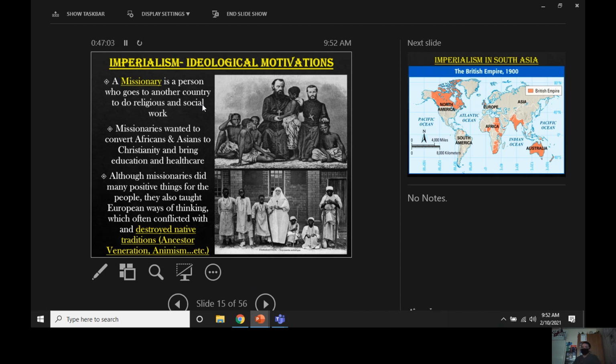And by coming in and maybe not fully forcing their ideas on them, but by highly encouraging them, you start to see a lot of those older ways of doing things like ancestor veneration, like animism, start to fall by the wayside. So even though you look at missionary work and you say, well, those are some pretty noble goals, the result is you're also destroying native cultures.